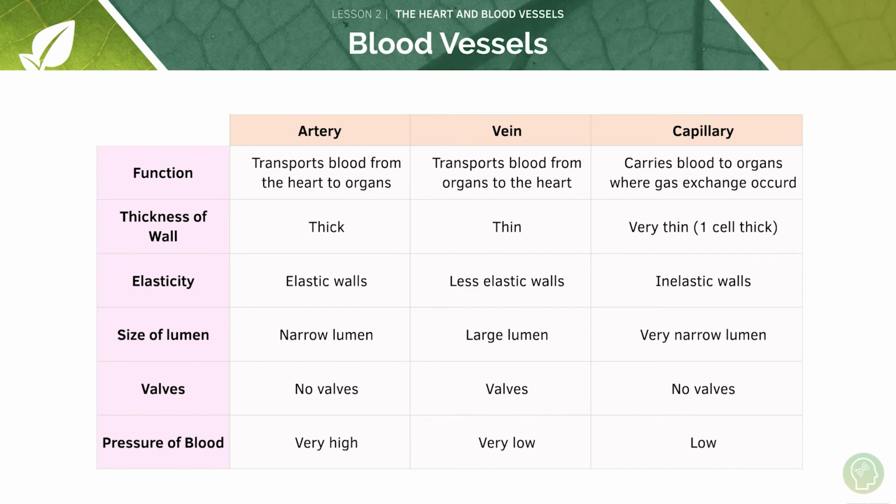So for example, you know that capillaries have a function in which they're responsible for allowing gas exchange to occur within tissues. So when you think about the adaptations that they have for this, you know that they're going to need very thin walls, and a very narrow lumen in order to allow a short diffusion distance. So in this way you can work things out from first principles.